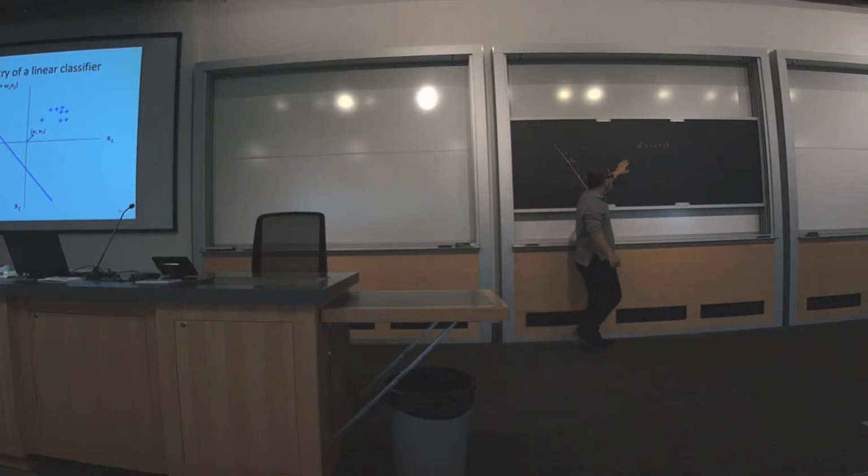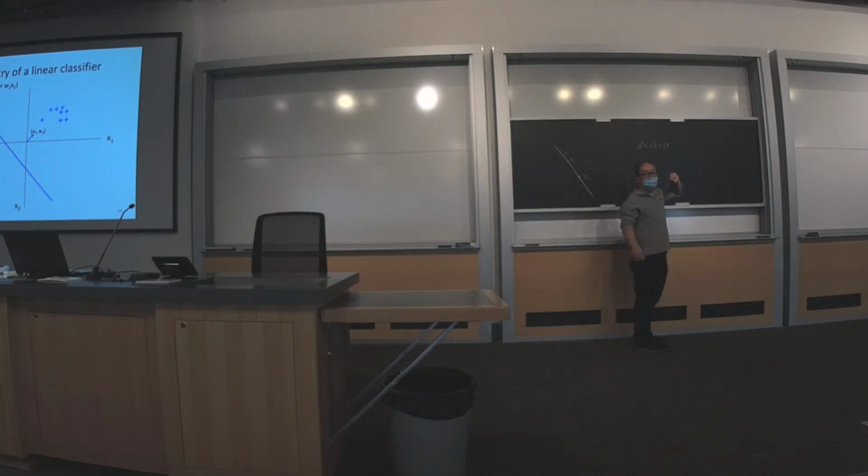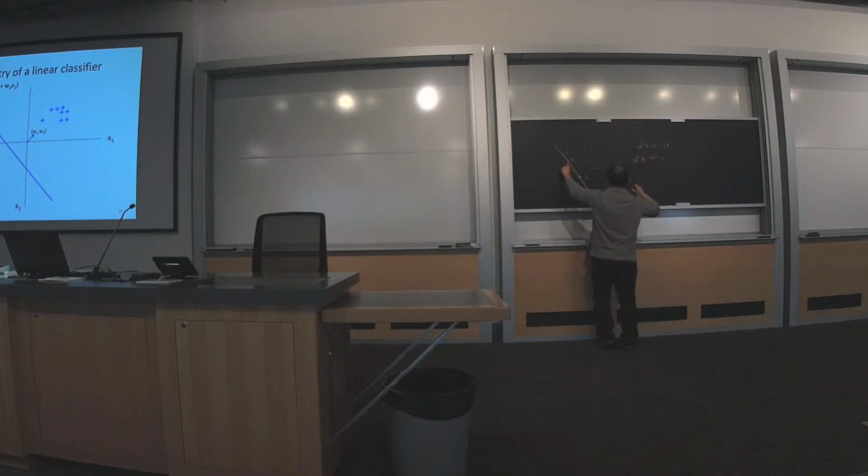Both of them satisfy this equality. So let us just write it down. We know that W transpose x1 plus b is 0, because x1 stays on this line and must satisfy this equality. And W transpose x2 plus b equals 0.